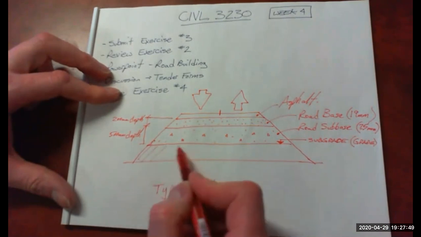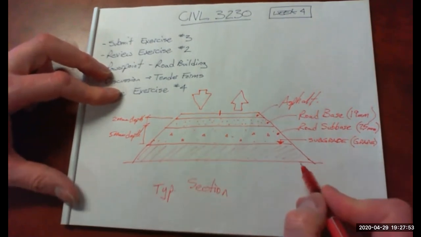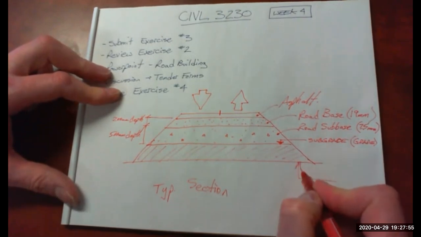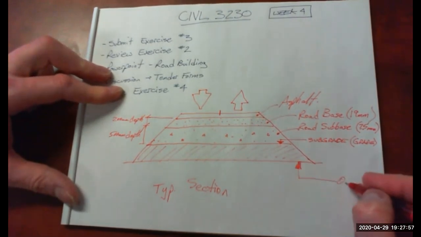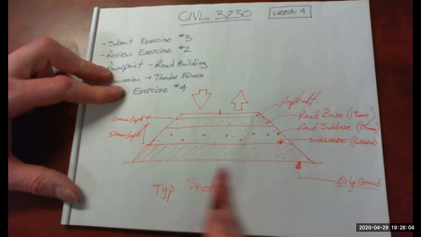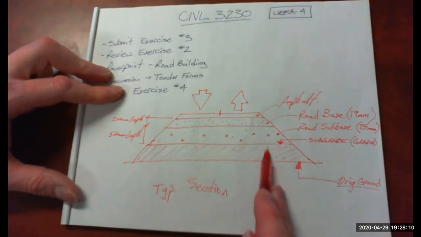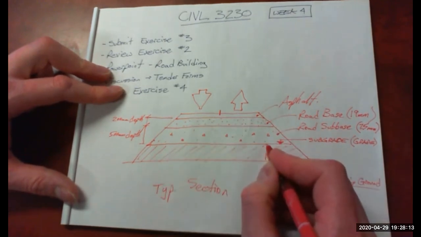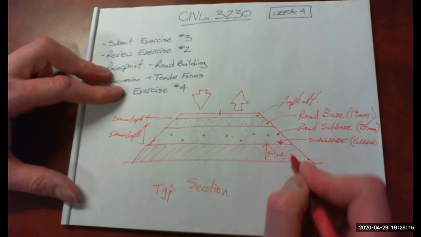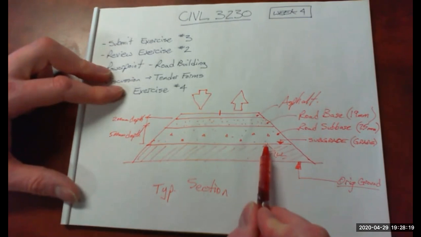If this surface here was our original ground surface, so that's what it was before we started working on the job site, that was the height of the existing ground, we would say this was a fill. So we had to fill up, we're filling from original grade up to the subgrade.